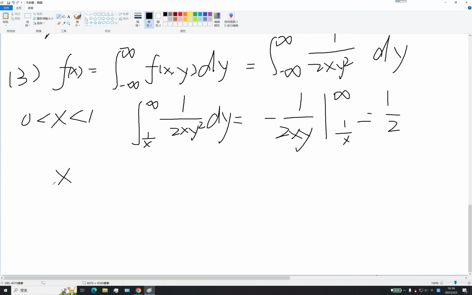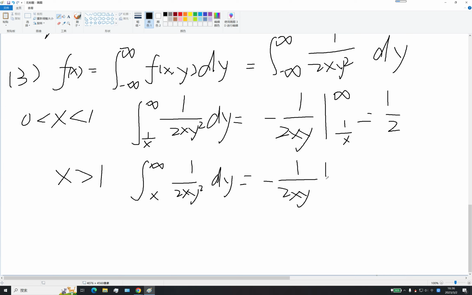And for x larger than 1, the y is larger than x but smaller than infinity. So we calculate this, and this is x to infinity. So this is 1 over 2x squared.